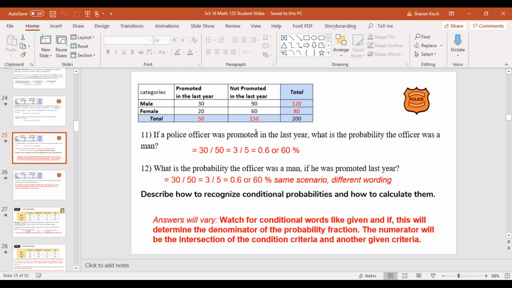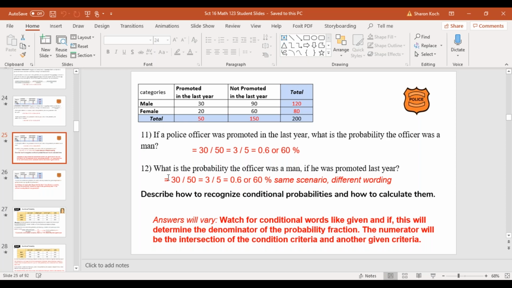If females were 40%, that means 60%, in other words the other number that would total to 100%, would be the males that were promoted. But if I can't remember the complement, just literally plug in the numbers here. That would be 30 out of 50, which winds up to be 60%.